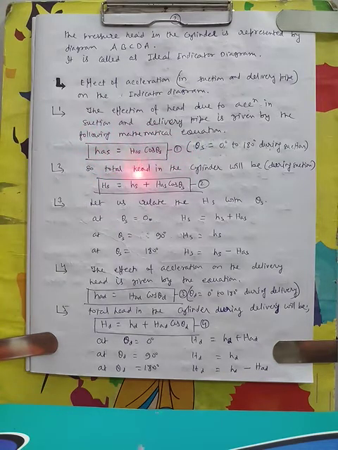So the total head in the cylinder during the suction stroke is the suction head, that is the theoretical head, plus the head due to acceleration. It will vary with the angle, which varies from 0 to 180 degree during the suction stroke.